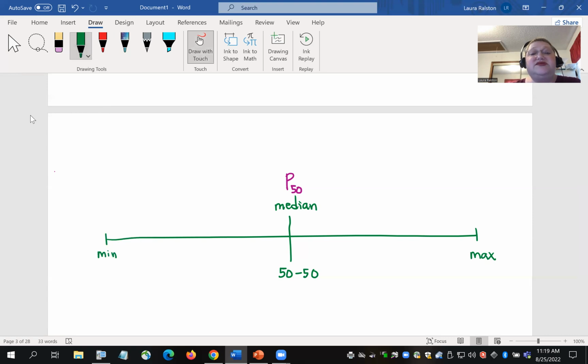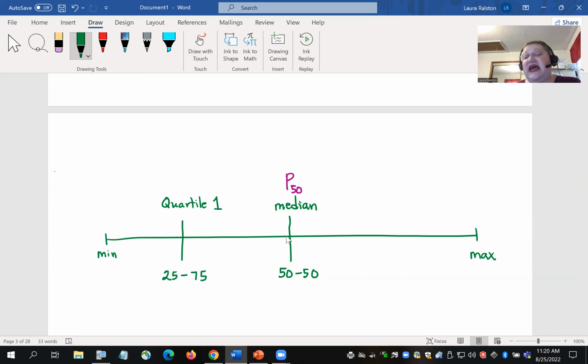Well, I can also divide it further if I want to divide it into fourths. If I find the halfway point between the minimum and the median, this would be called quartile 1. It's such that I have 25% below it and 75% above it.